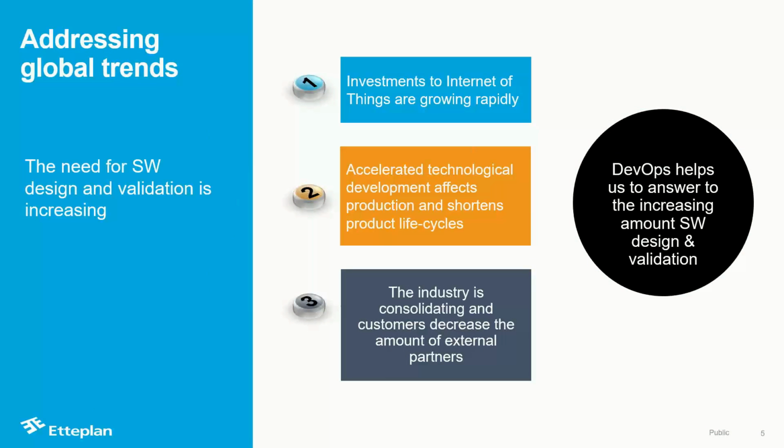We have identified 3 global trends which all support our idea that we need more agile and up-to-date tools and processes also in the embedded industry, because this is typically seen as a little bit old-fashioned design field where ancient tools and languages are used.